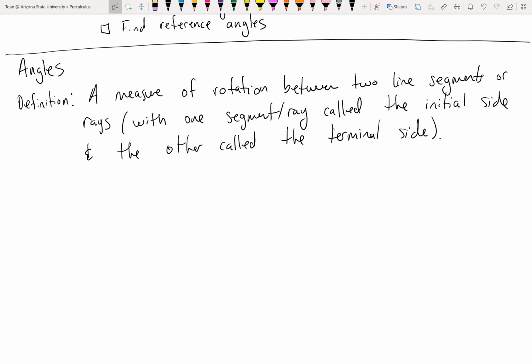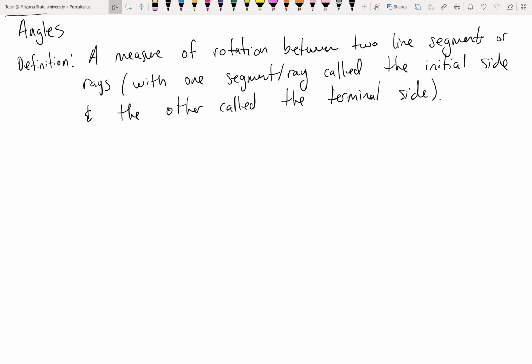And the order in which you call the initial and terminals, they sort of matter. They dictate the size of the angle. So for example, I'm freehand drawing this, so it's not going to be super duper accurate, but I'm going to try to draw 2 identical pictures here. All right.